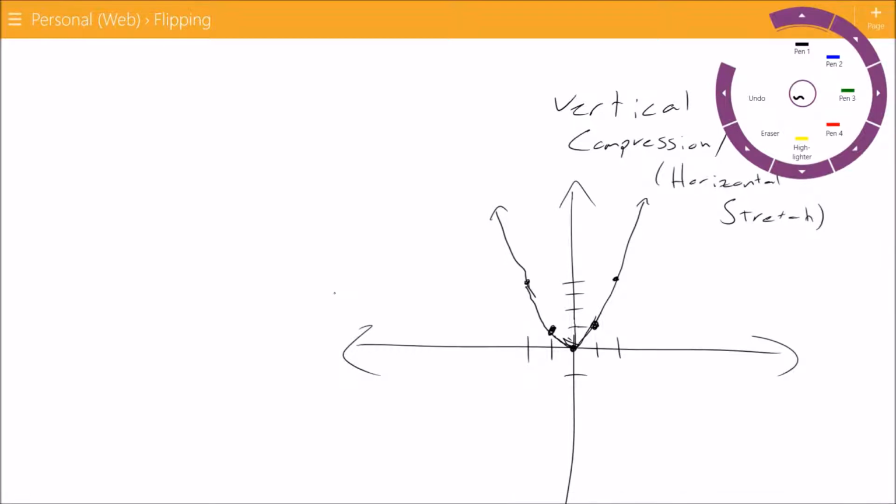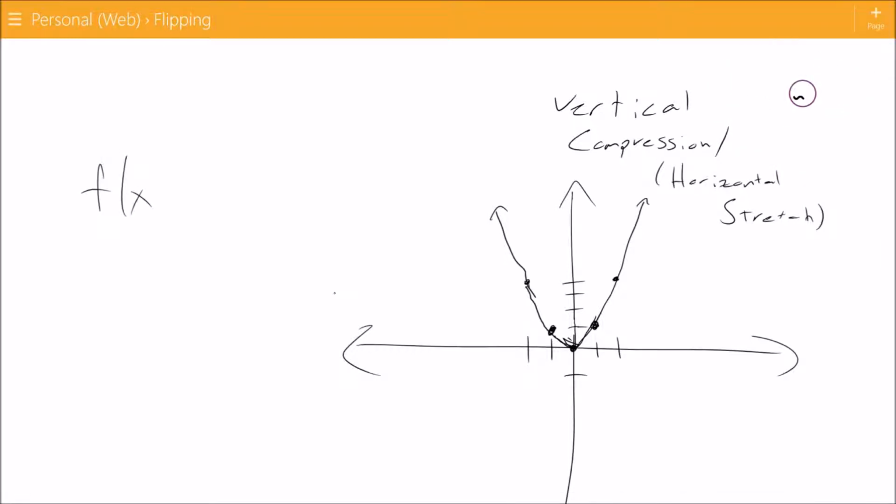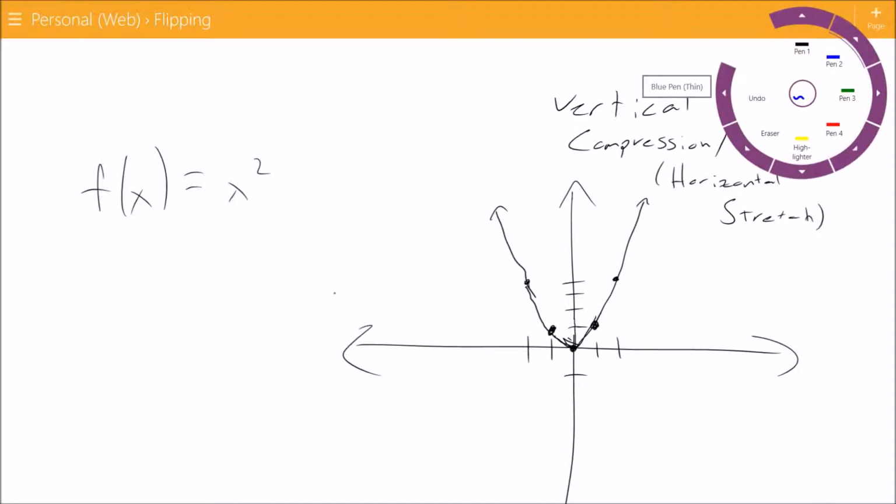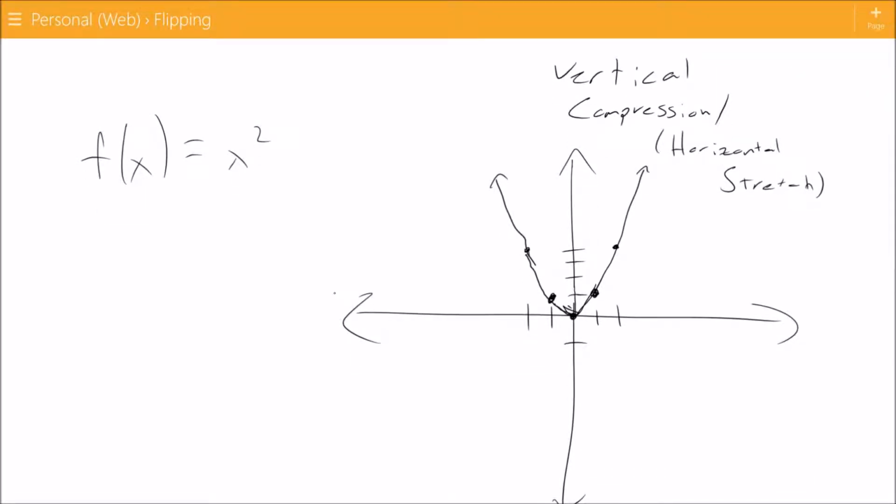So again, I've got f of x, my base function here, is equal to x squared. What I want to do now is the opposite of what I just did. I want to compress it, to push it down some, and also to drag it out some along the sides. So in this case, I'm going to multiply by the reciprocal of 2, which is 1/2.